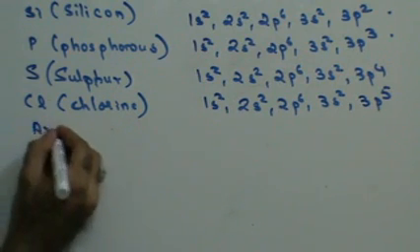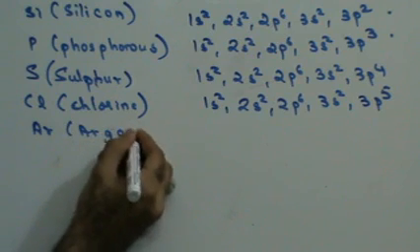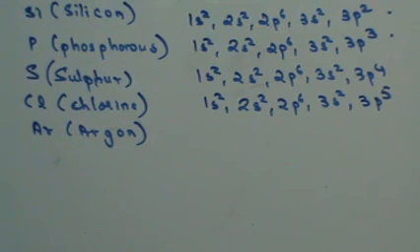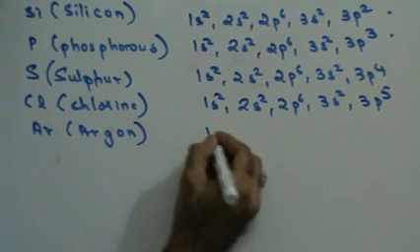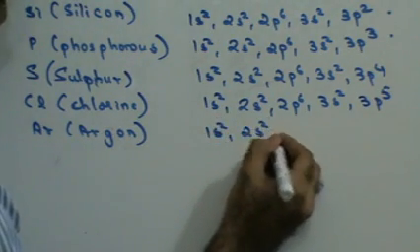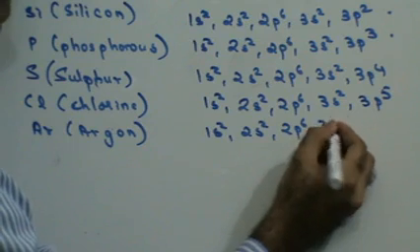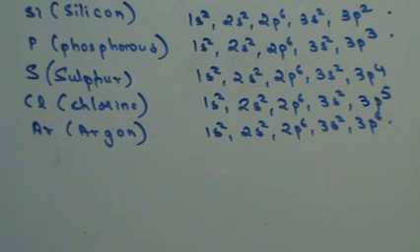Argon. 1s2, 2s2, 2p6, 3s2, 3p6. Electronic configuration is 288. First orbit will take 2 electrons, second orbit will take 8, third orbit has to take 8, out of which 2 will go in s orbital and 6 will go in p orbital. Now starts the fun.